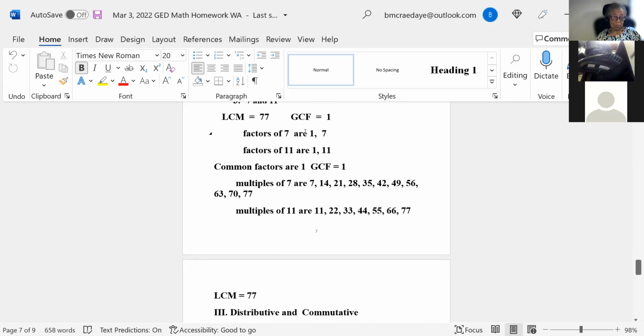Well, just remember your factors. You always start with 1 and end with the number you factor, and then find the ones in between. For the multiples, you take the number and multiply it by 1, then by 2, then by 3, then by 4, then by 5, etc. Then when you do it for 2 different numbers, you see what number you see in both lists. And like you said, 77.